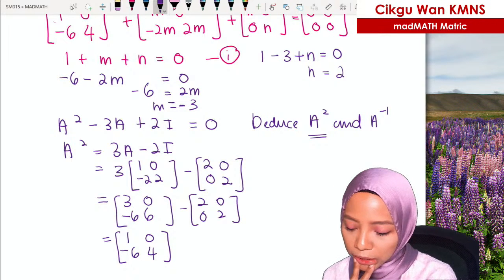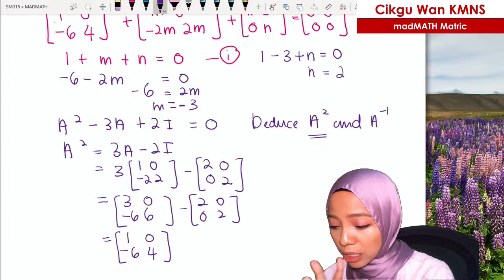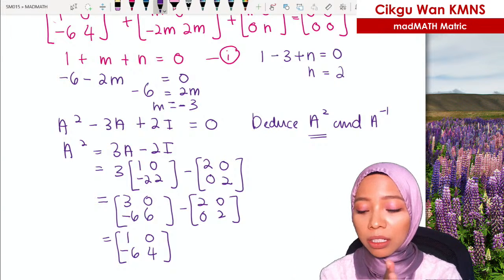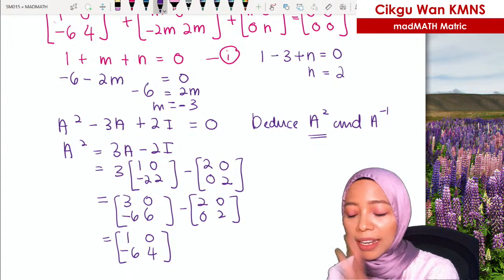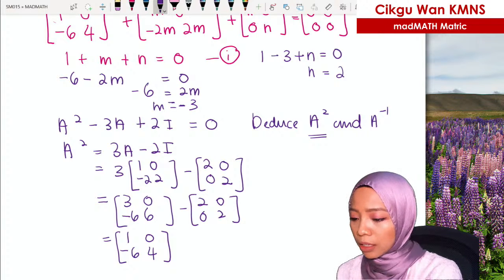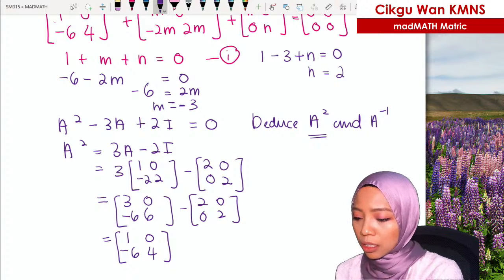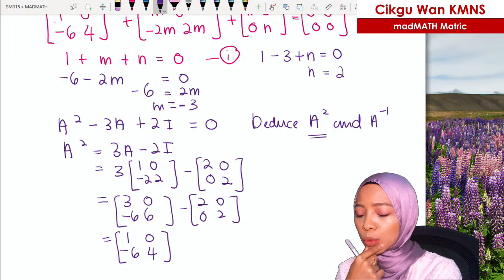Dapat negative 3A. Okay, cuba check. Okay, kalau cikgu ada tersalah kira, tapi the concept is there lah. Maksudnya, you bawa 3A tu ke kanan and then plus 2I tu ke kanan, you get negative 2I. Okay, seems okay. Seems okay. Dapat jawapan sama macam cikgu? Negative 6. 6 minus 2, 4. Okay, yes.